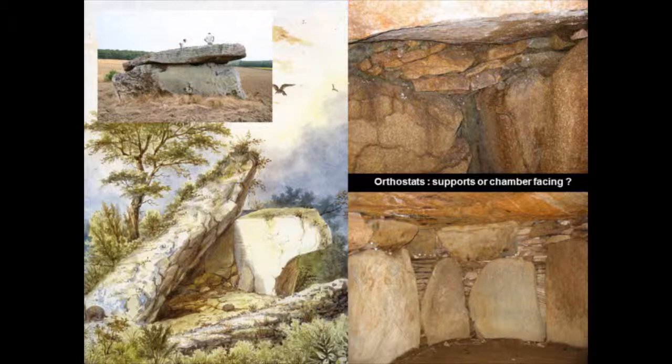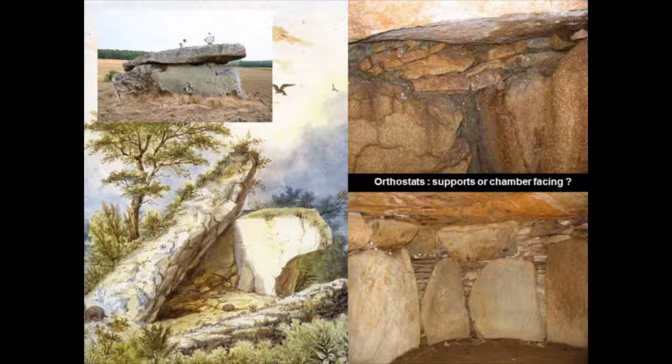I've just put in two images, one from Bardenez, the other from a Danish monument. And you can see that in such cases, the supporting function of the orthostat is not as clear as that.